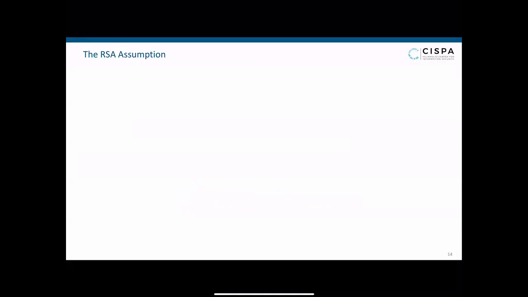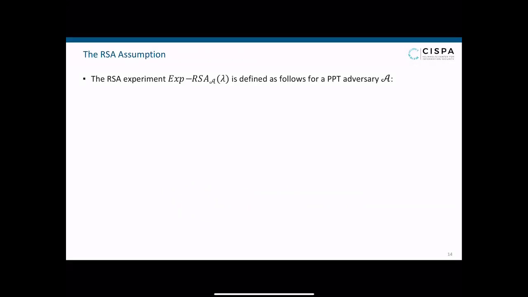Okay, and now we're going to build that from the RSA assumption, right? And I have talked about textbook RSA, but not really about the assumption, what it means for RSA to be secure.